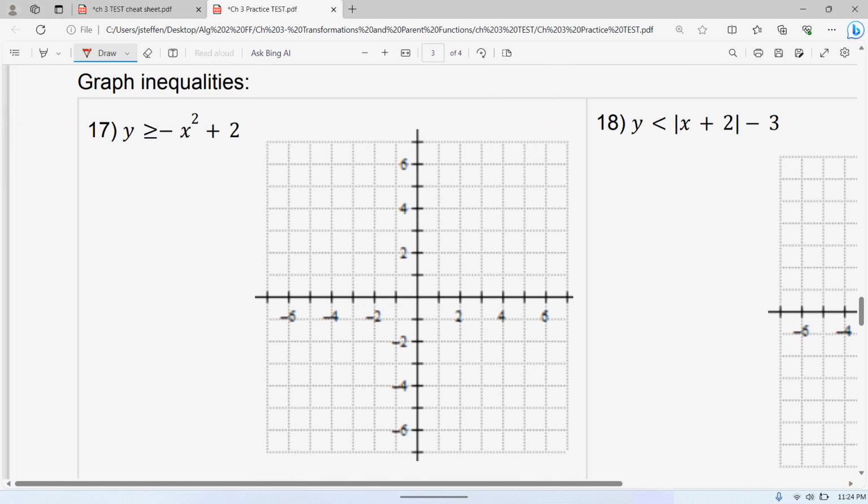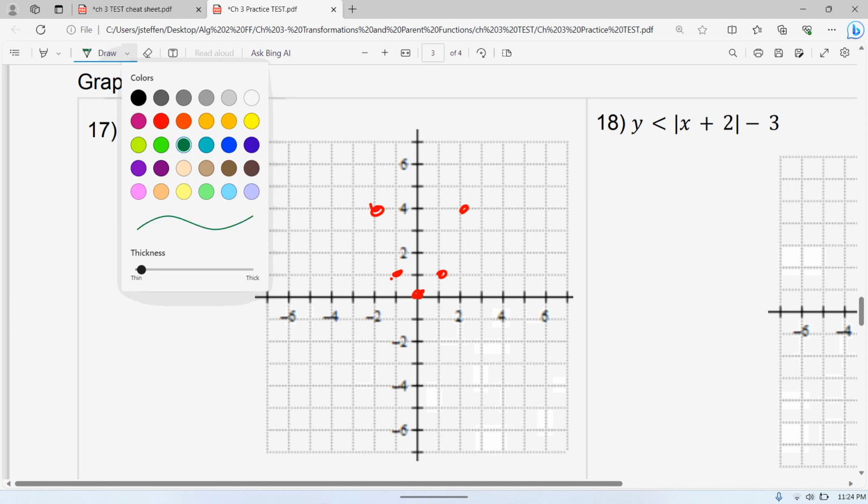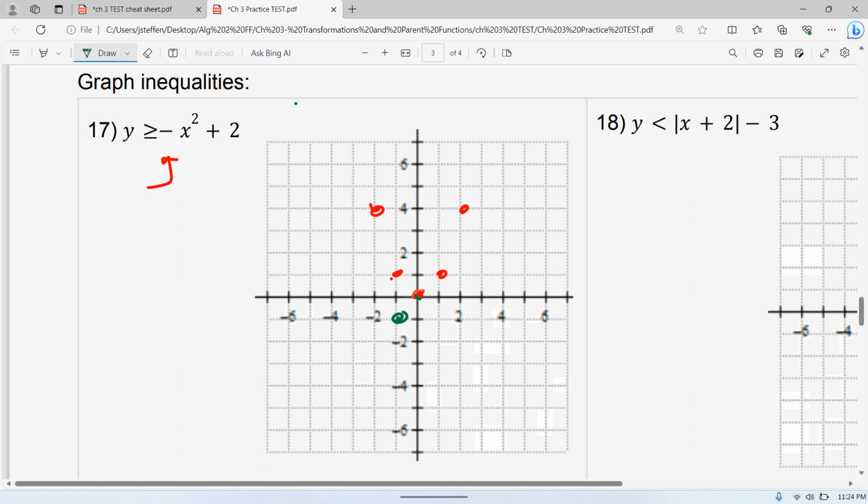So this is a solid line because it's got the equal to part with it. Do we go above or below the vertex? If y is greater than, it's above the vertex, so that's up here.